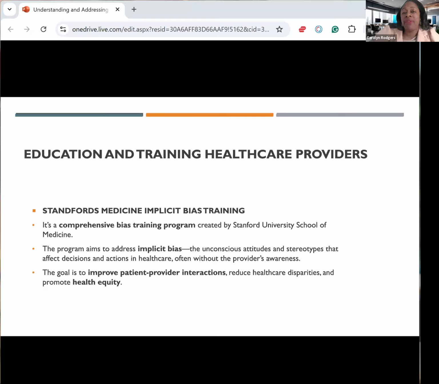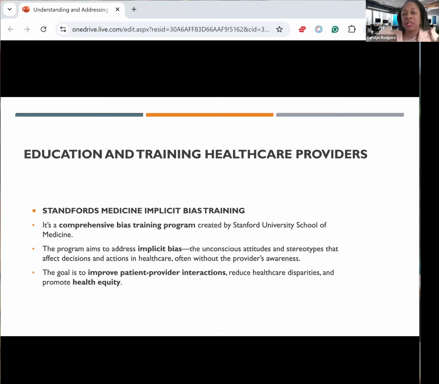And then number five, the commitment to change and accountability. That must be present. So participants create their personal action plans for addressing bias in their practice. So you have to encourage ongoing reflection, peer discussions, and continued learning behind that training. So again, why does it matter in healthcare?